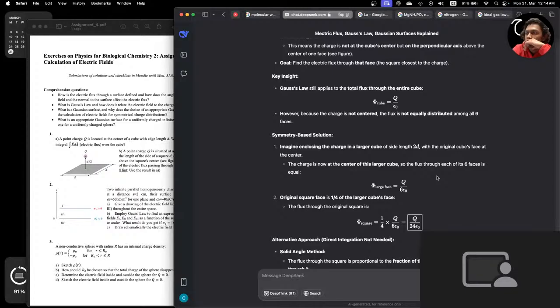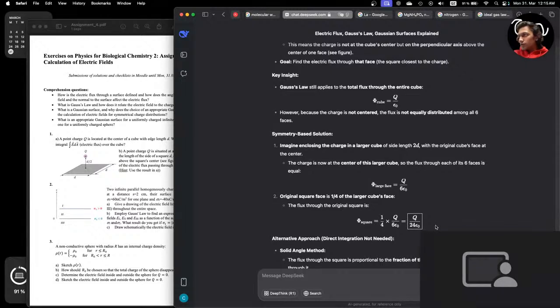So the flux through each of its six faces is equal. The original square face is one fourth of the larger cube's face. Okay, interesting way to solve it.